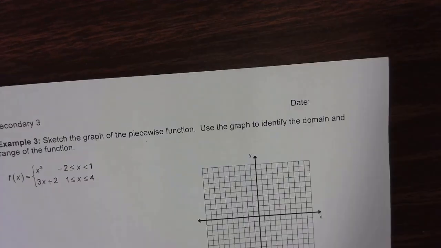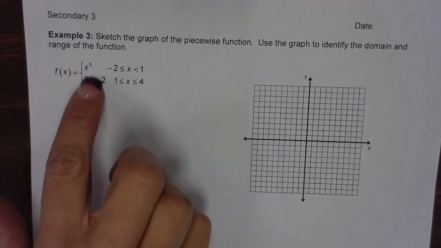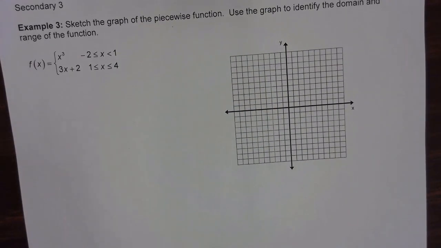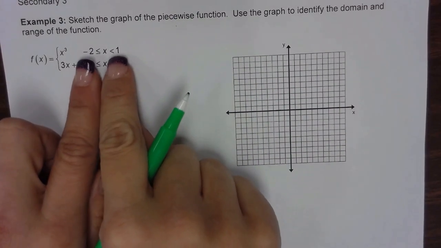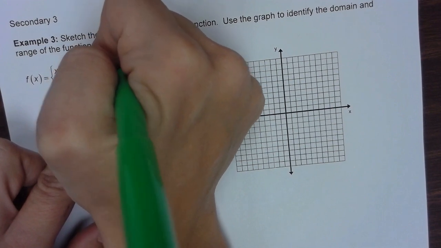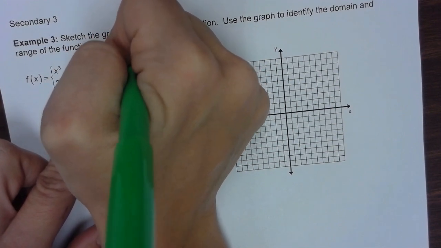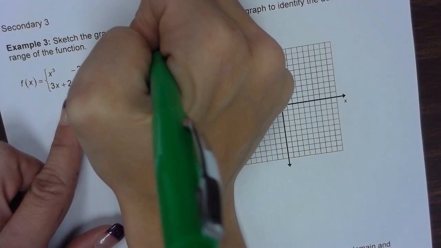Okay, let's go on to our next example. Here we have a cubic and a linear, so let's see what that does. Alright, we have boundaries again. We're only doing the cubic from -2 to 1, so let's put in our endpoints. So f of -2. Well, -2 cubed is -8.